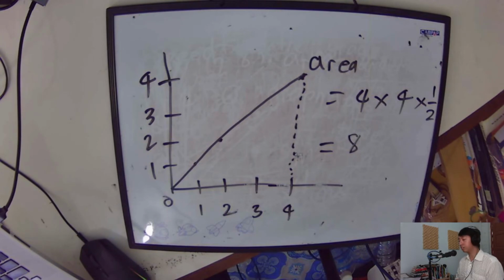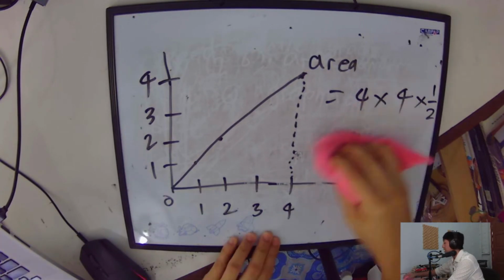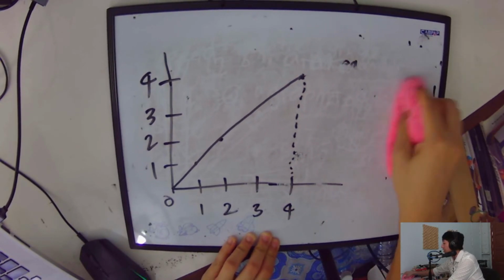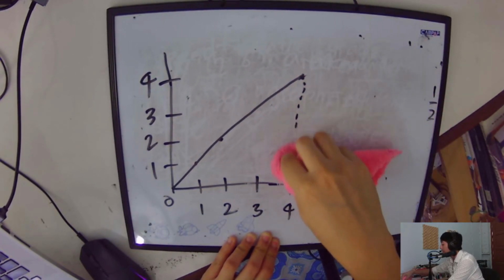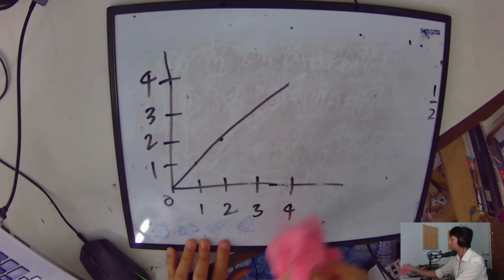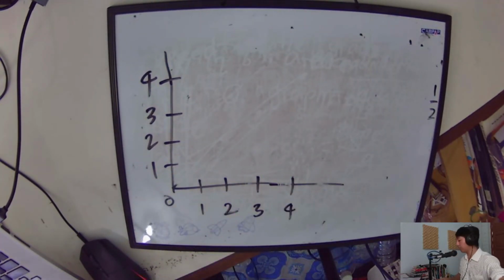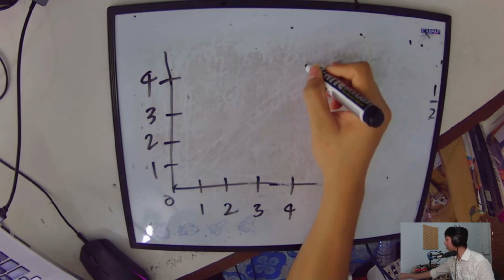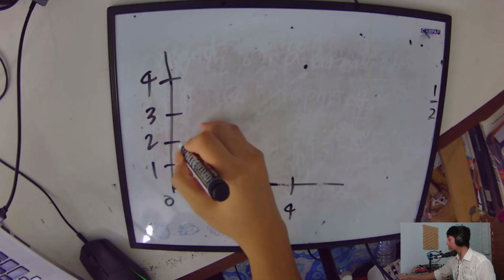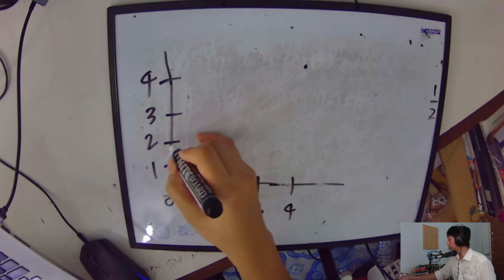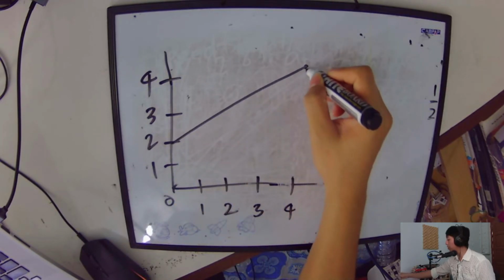Okay, what about, let's say we use a different shape. Sekarang bukan lagi triangle. Let's say tiba-tiba kamu dapat bentuk macam ni. So instead of starting from 0, let's say starting from 2. So ini adalah bentuk graf kamu.